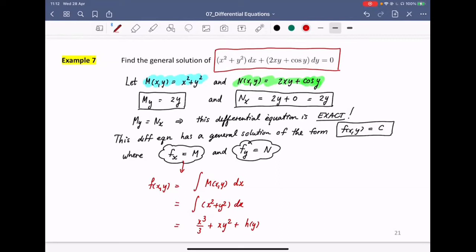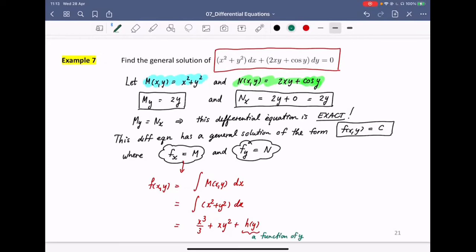When you integrate with respect to x, anything that depends on y, you treat as a constant. So when you add the constant here, it must be a function of y. This is just the notation for a function of y.